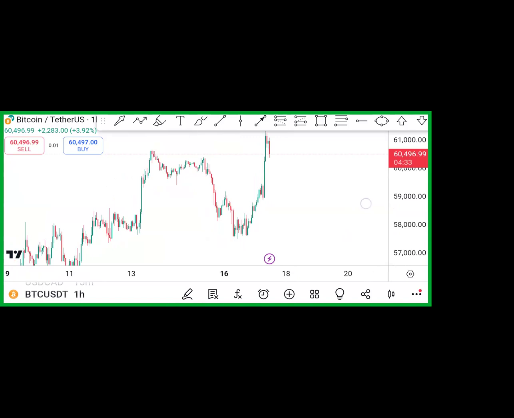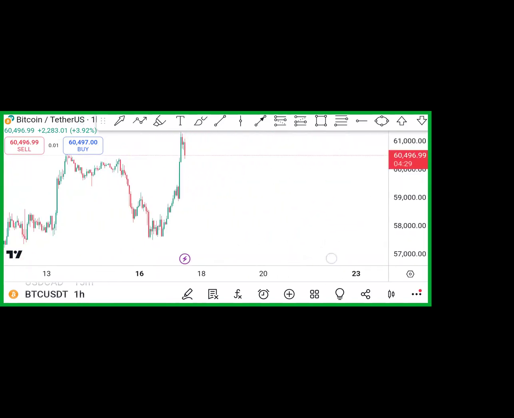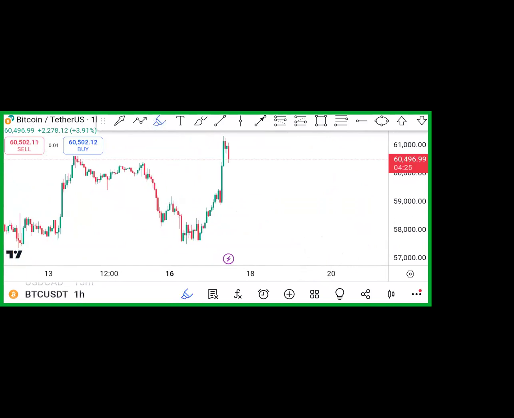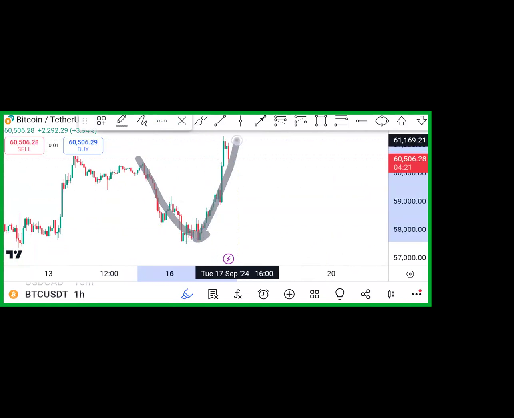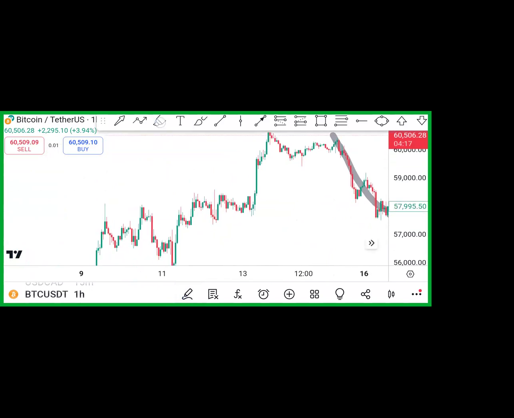Now, if you notice this very chart at this level, the price was pulling down. The price was going down. Now, immediately the price got here, the price started going up. Now, at this level, the price was ranging, then spiked up.